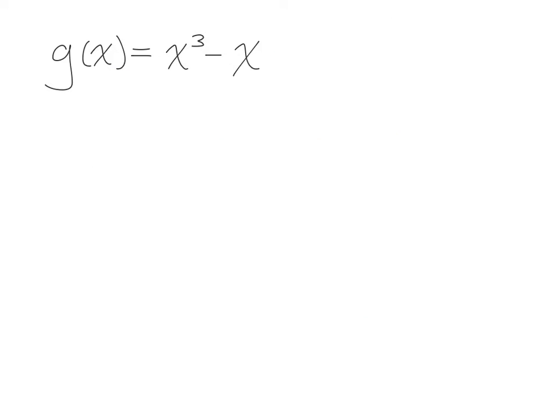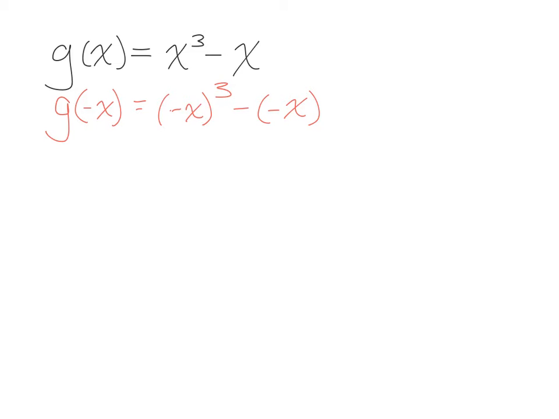Part B, we will be looking at g of x equals x cubed minus x. And again, per suggestion, I would first want to find g of negative x. So I will substitute negative x everywhere. So it will be negative x to the third power minus negative x.